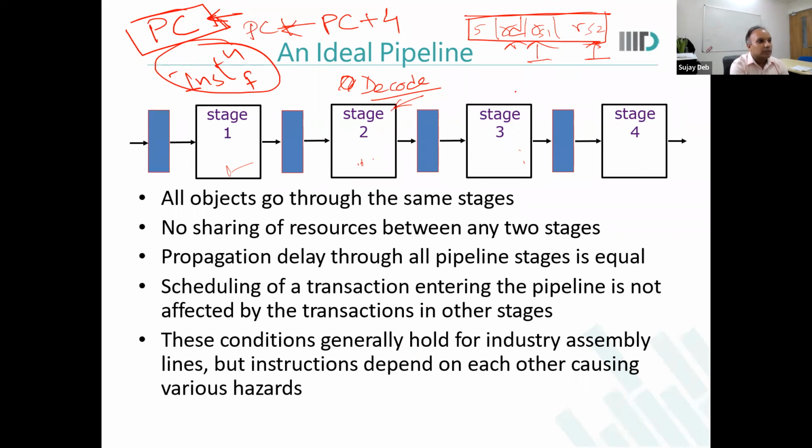What is the next stage? The next stage is the execute stage. In the execute stage, we take the operands, and depending on the control signals, we figure out which operation I need to do. The ALU is informed that these are the 2 operands, and to do this operation on them. So in the decode stage, we generate all the control signals, read these operands, and supply them to the next stage, which is the execution stage.